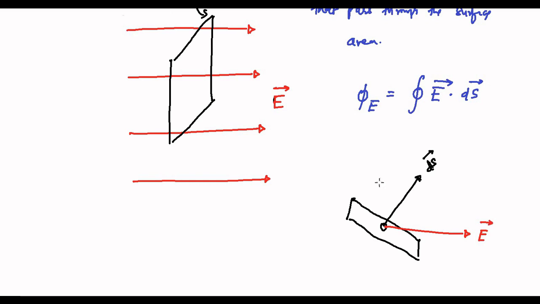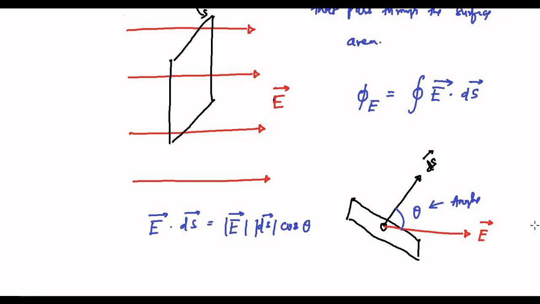So here this angle between the area element vector ds vector and the electric field vector, theta, becomes very important. Because E vector dot ds vector is equal to the magnitude of E times the magnitude of ds times cosine of the angle between them. This is the mathematical representation of electric flux.